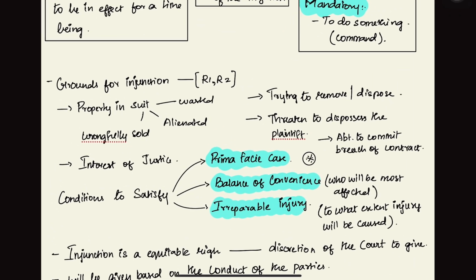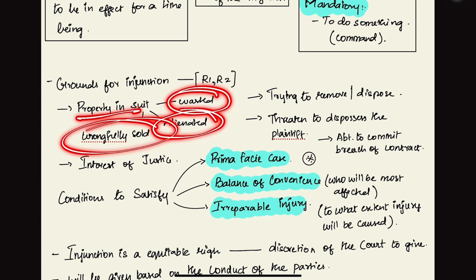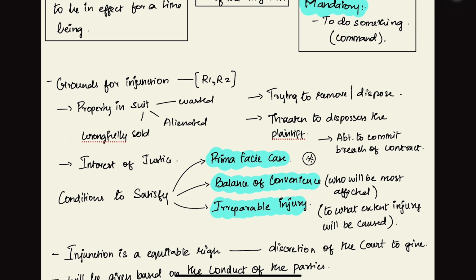Order 39, Rule 1 and Rule 2 deal with the grounds for injunction. So the grounds are when property of the suit is wasted or alienated or wrongfully sold. In such case, injunctions can be granted, or in the interest of justice, injunction can be granted.